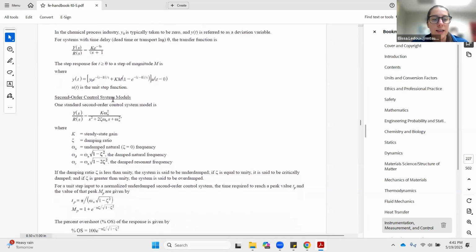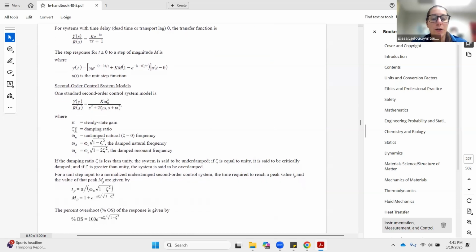If you have a second order system, this one is going to oscillate normally. So we know it's second order because there's an S squared in the denominator, and it will oscillate at its damped natural frequency. So it will go up, it will go down, and it will bounce around until it settles out to the ideal value.